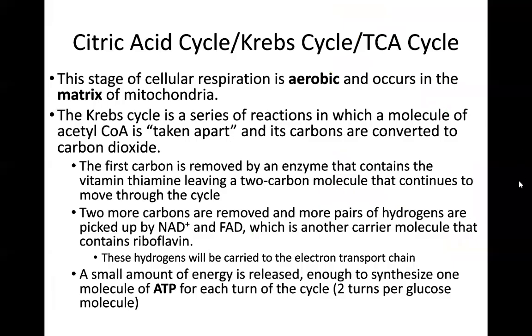Going back to the previous page, let me read through these last few bullets, and I'll pull that video back up. First, a carbon is removed by an enzyme that contains the vitamin thiamine, leaving a 2-carbon molecule that continues to move through the cycle. 2 more carbons are removed and more pairs of hydrogens are picked up by NAD plus and FAD, another carrier molecule that we talked about the other day.